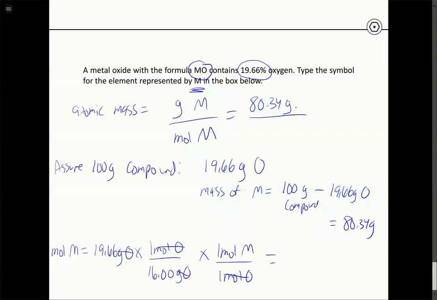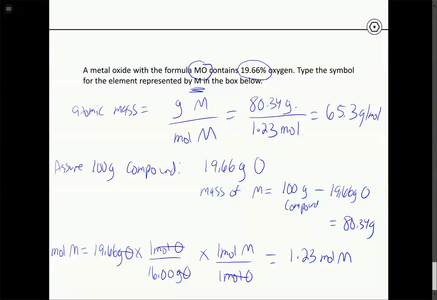Alright, so from this conversion, we find that 100 grams of our compound has 1.23 moles of metal. So if we divide these two, 80.34 divided by 1.23, we get 65.3 grams per mole.